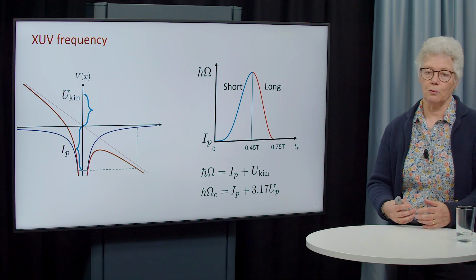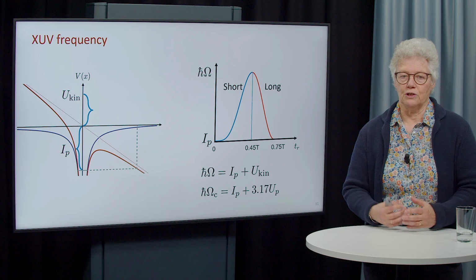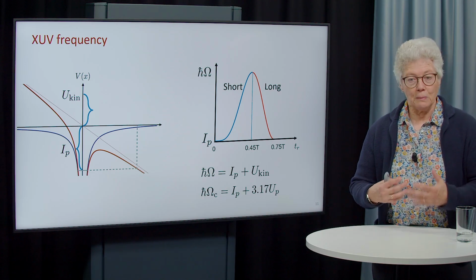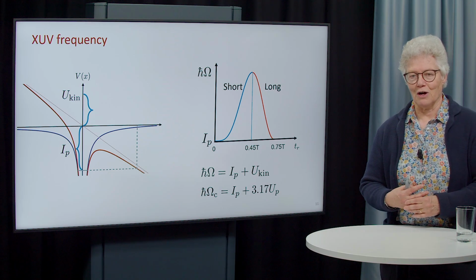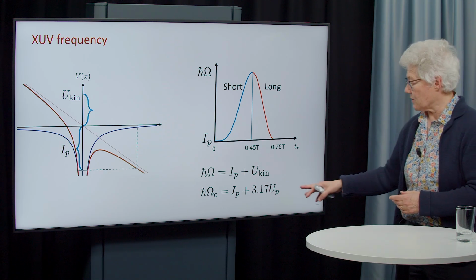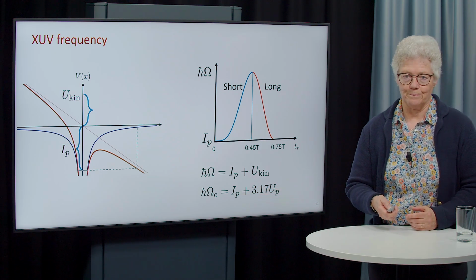So this very simple model, which you can calculate yourself just by solving Newton equations, allows us to understand an important characteristic of this high-order harmonic generation spectrum, the presence of a sharp cutoff with this kinetic energy.